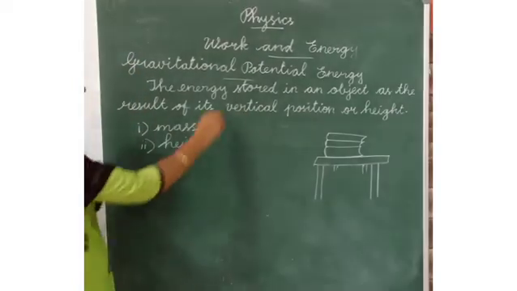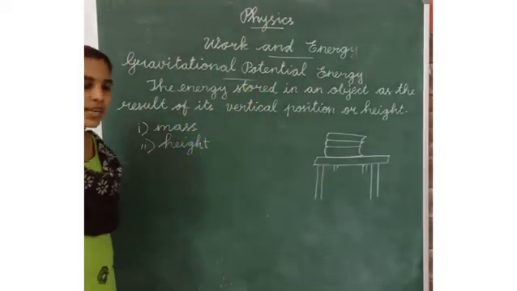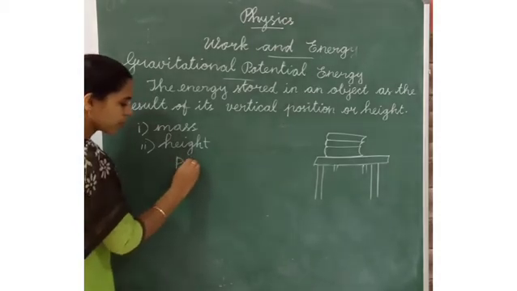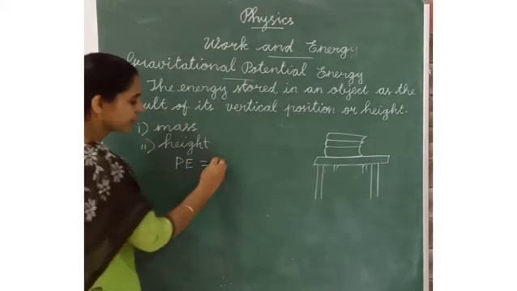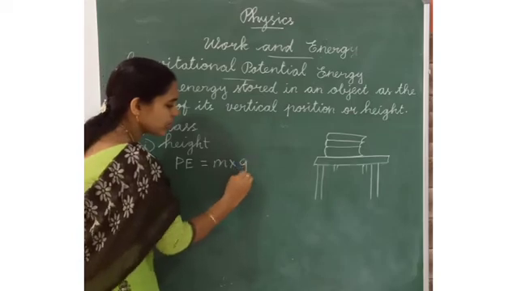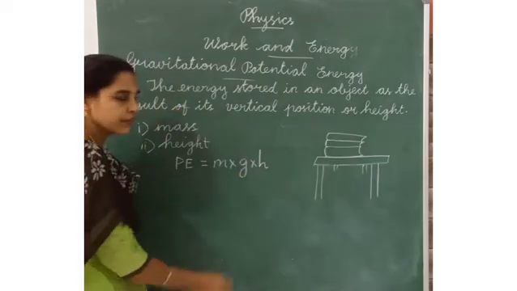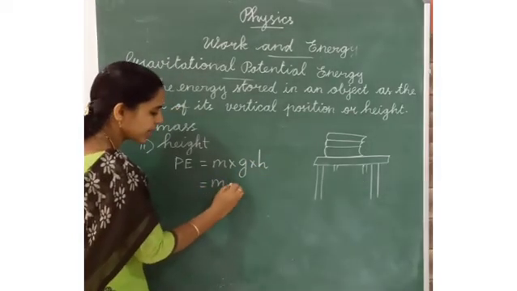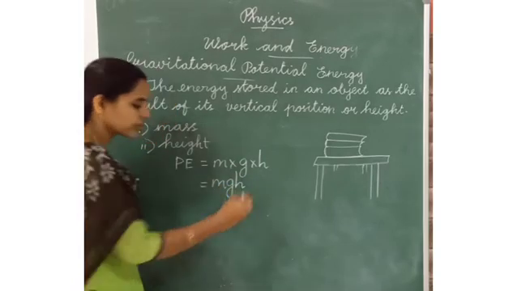When we have to find the gravitational potential energy, we use this formula: potential energy is equal to m into g into h, m g h.